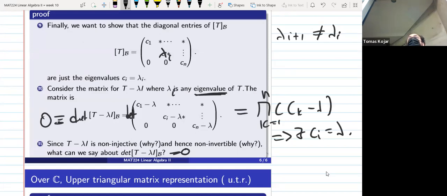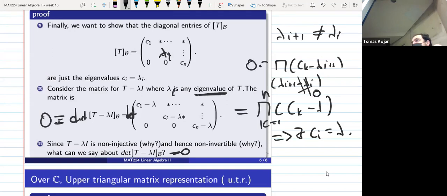Yes, question. Then you will have c_k minus lambda_{i+1} times lambda_{i+1} minus lambda_i. But this is not zero, right? So that means one of the other c's will need to be zero.